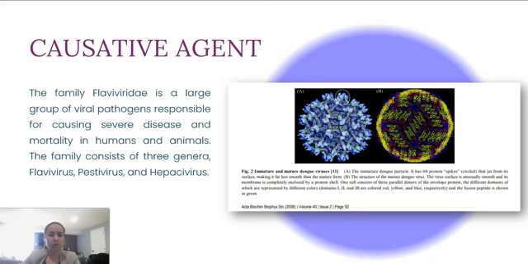The family Flaviviridae is a large group of viral pathogens responsible for causing severe disease and mortality in humans and animals. The family consists of three genera: flavivirus, pestivirus, and hepacivirus.